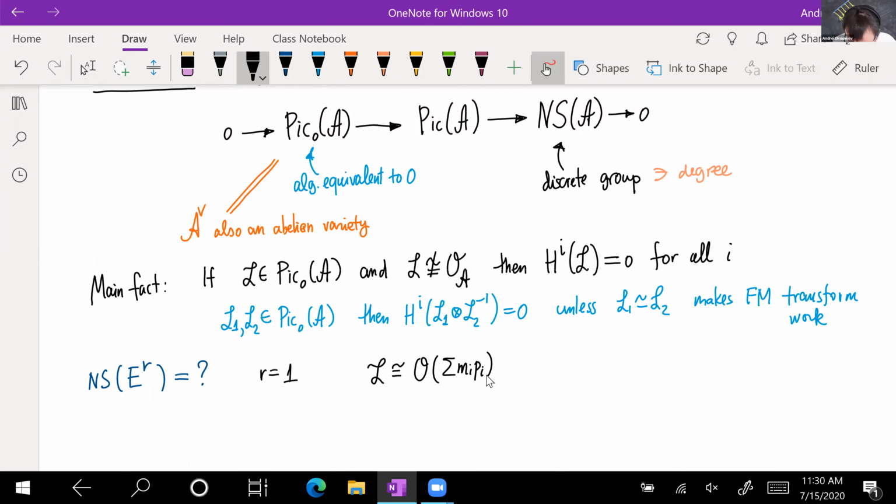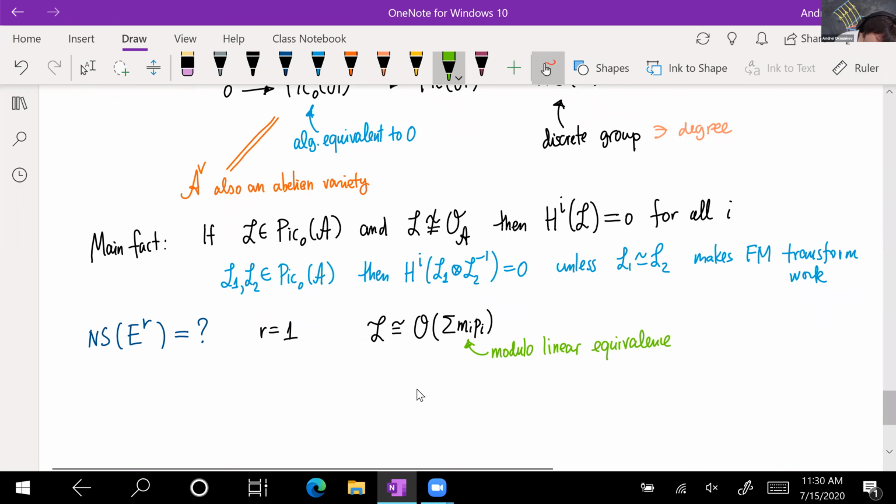In fact, this is true for any curve, and this is taken modulo linear equivalence. And then the degree is just the summation of m_i. And so this is an integer. And that integer is the Néron-Severi group.